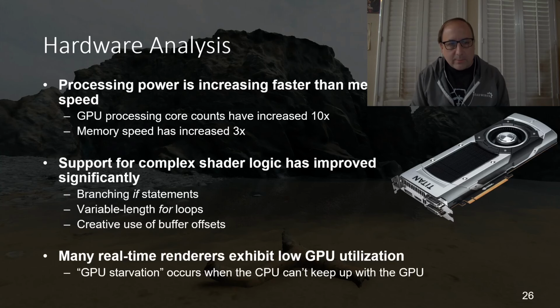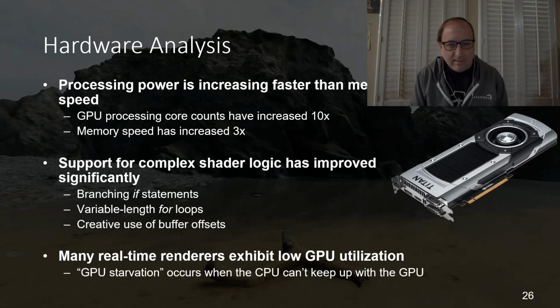So to solve this problem, I started with an analysis of the hardware. One thing I noticed was that the GPU processing core counts have increased over the last decade. They've increased about 10 times. But at the same time, memory speed has only increased 3 times. So that means that our performance relative to our memory speed is a lot faster now.